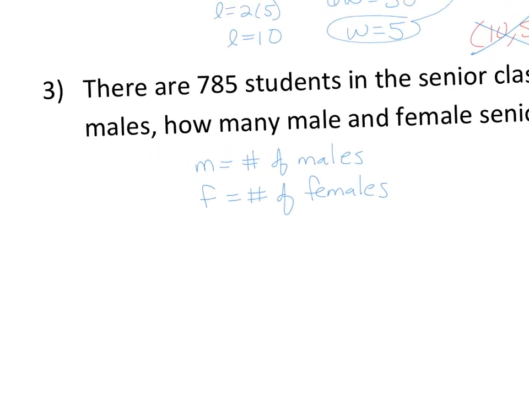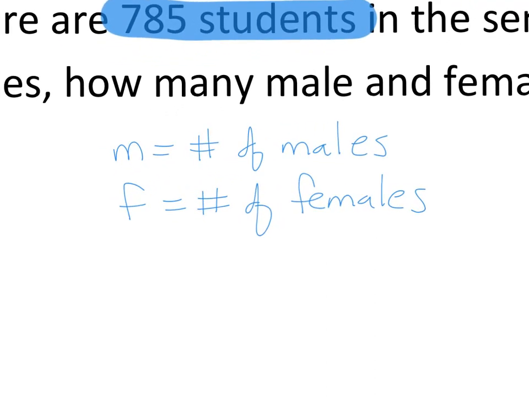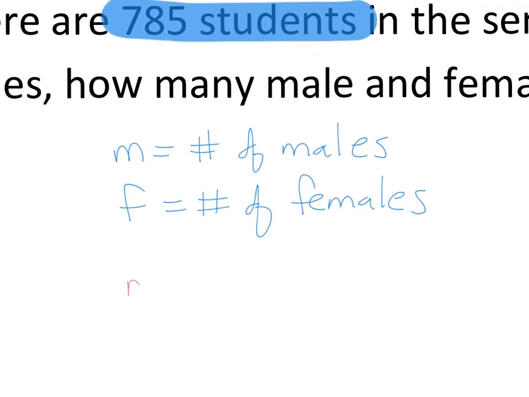All right, so come back up here and let's look at our first sentence. It says there are 785 students. That's total. So who's making up the 785? Well, the males and the females are. So we're just going to take M plus F, males plus females, and set it equal to 785.